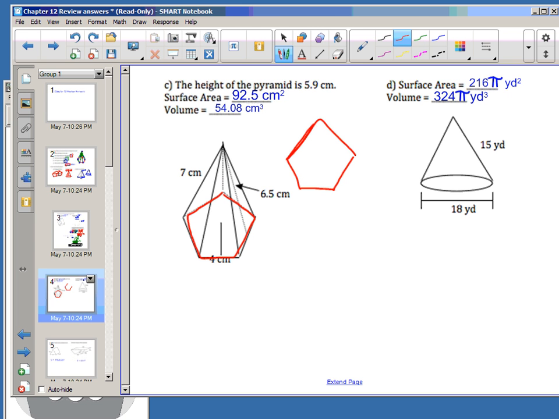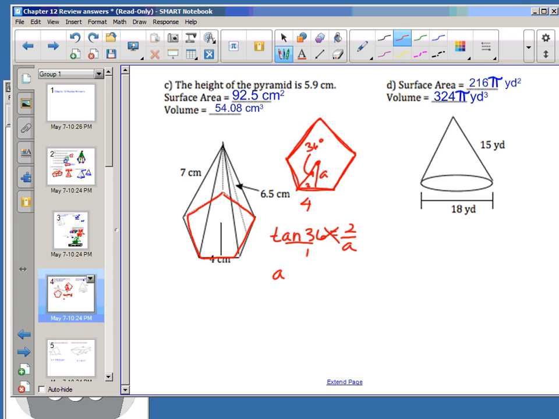So the idea with finding the surface area of this or the volume is I first need to find the apothem. So I know that that angle is 36 degrees, and I know this side is 2. That's the opposite and the adjacent, so I'm going to set up tan of 36 equals 2 over a, cross multiply.